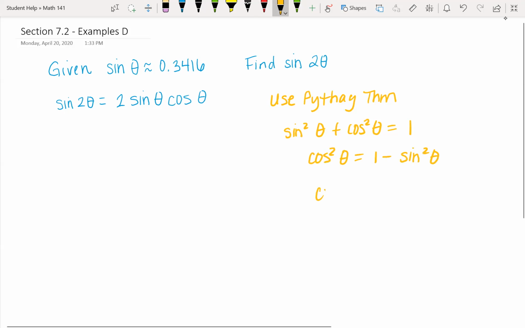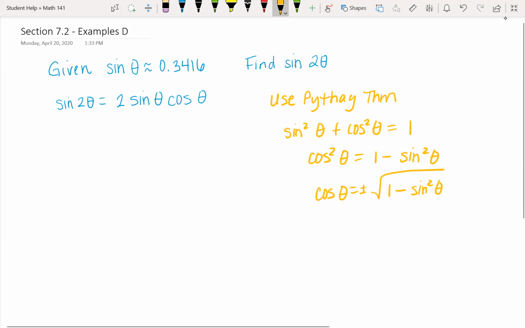Then taking the square root of both sides, we have the square root of 1 minus sine squared theta, plus or minus. In this particular case, we're just going to assume that we are in the first quadrant, so we'll just take the positive value.